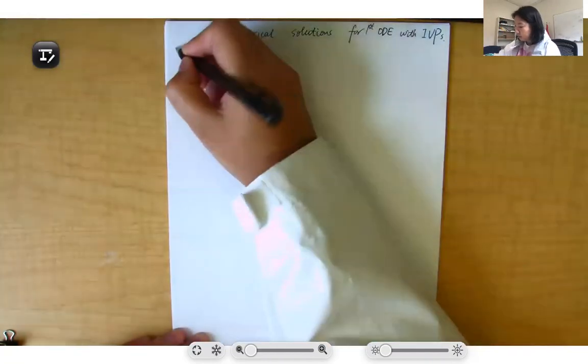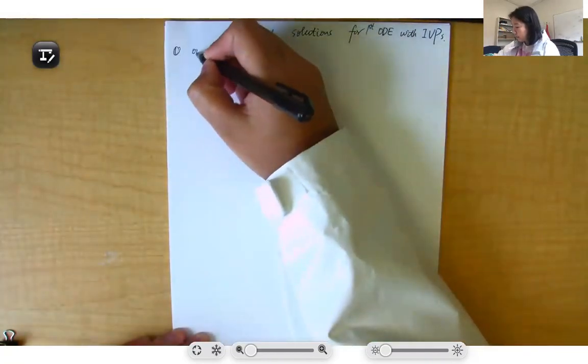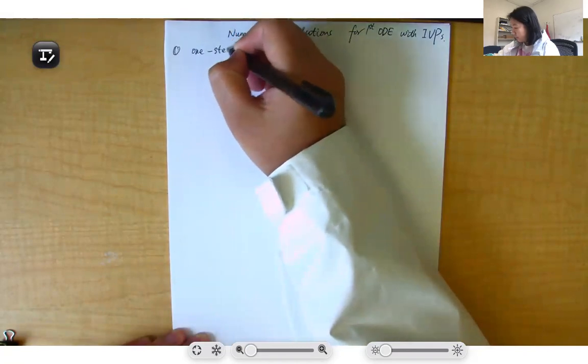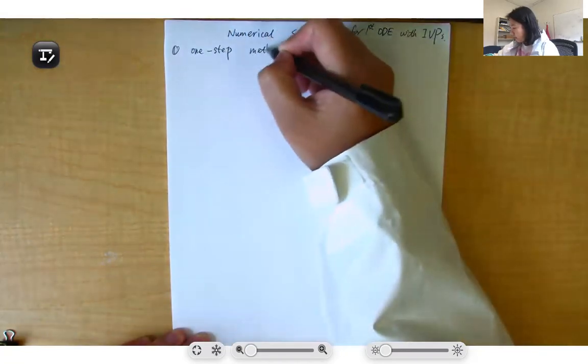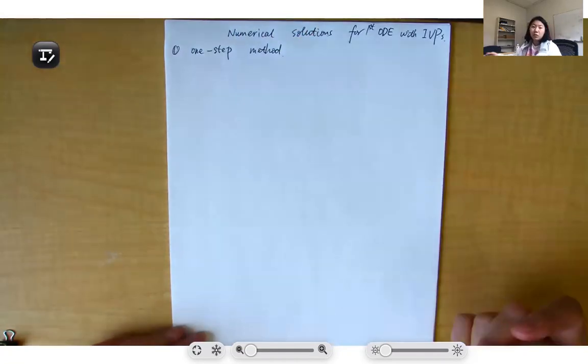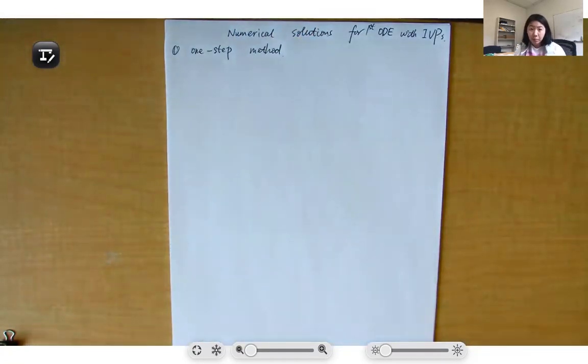And we will talk about the one-step method. This one-step method basically uses the values of the current step to estimate the following step function.